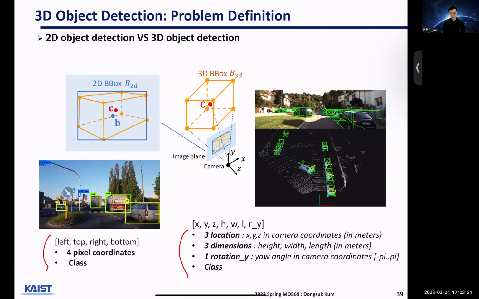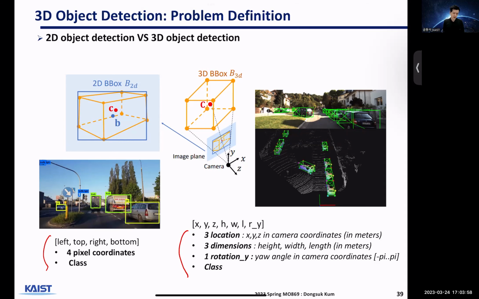What's making this more challenging is that, like we discussed earlier, a camera image does not have distance information, and we need to find that from the context and estimate or predict it. So that's where accuracy drops substantially when you go from 2D to 3D object detection.